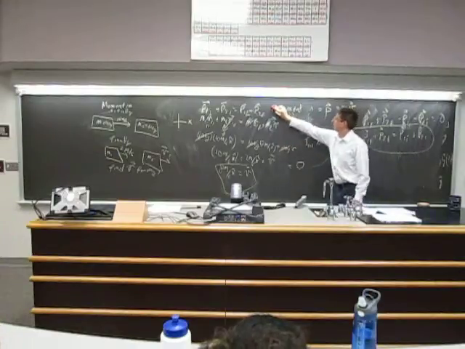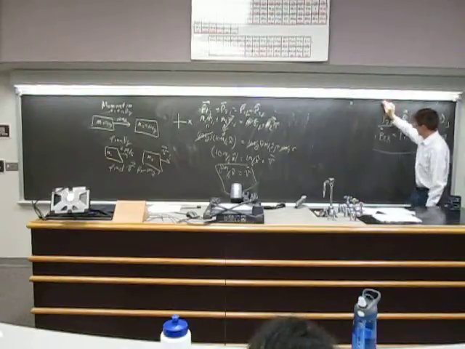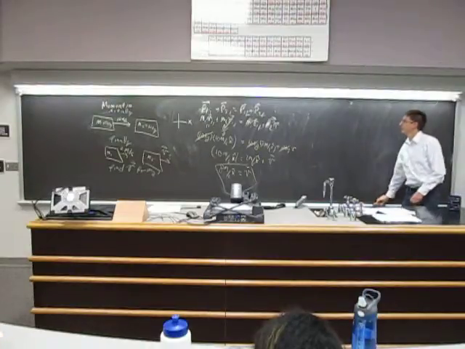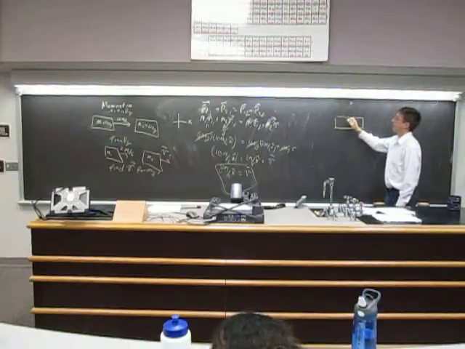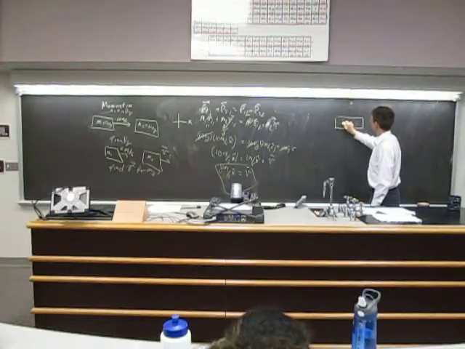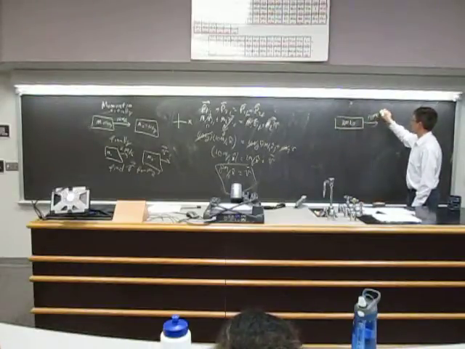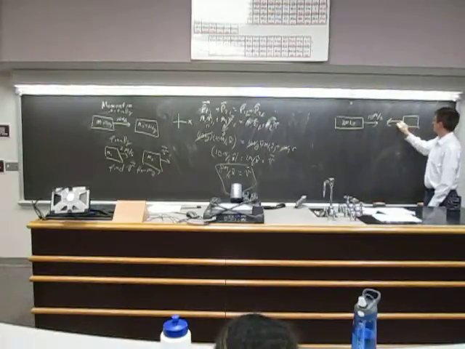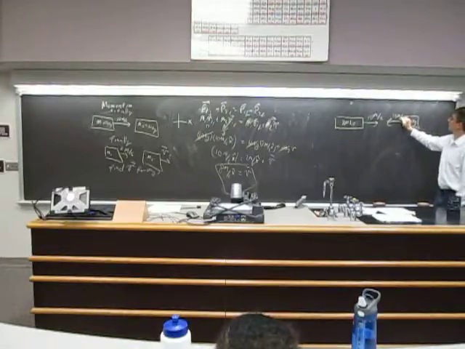Now, let's do another example. I'll give you a chance to do this one. Now we have a slightly different collision. Let's say we have a 20 kilogram mass traveling at 10 meters per second in the x direction, and a 10 kilogram mass traveling at 10 meters per second in this direction.